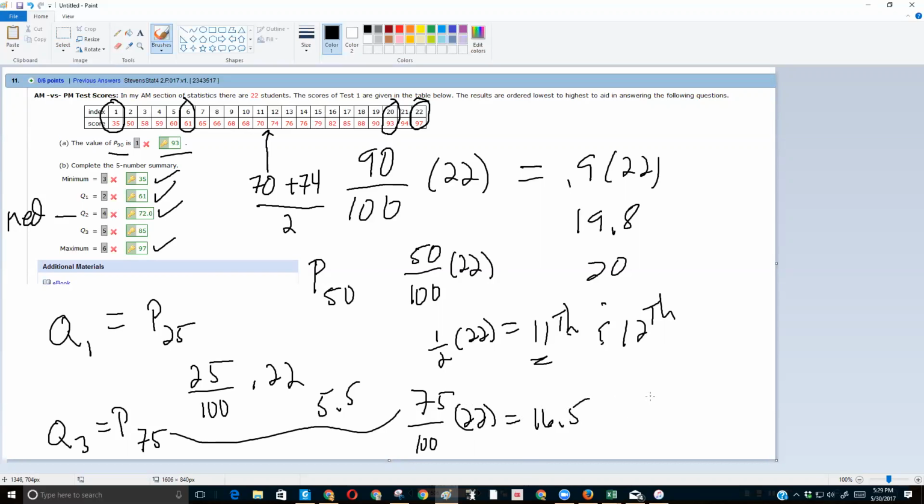So we're going to round up to the 17th number. And the 17th number is 85. And lo and behold, that's the answer they got. So hopefully that'll help you solve this question when you see it on a quiz next week.